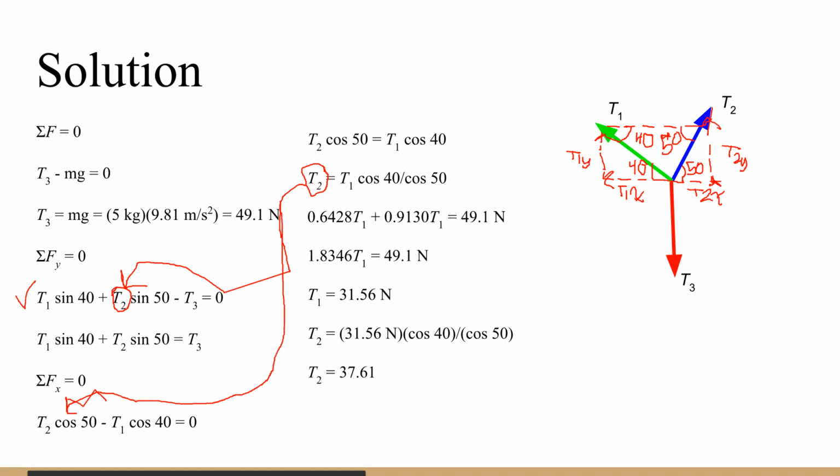So I added these together, 1.8346 T1 equals 49.1 newtons. So I got T1 equals 31.56 newtons. So I'm going to input this right in here. Then T2 equals 31.56 newtons times cosine of 40 divided by cosine of 50.